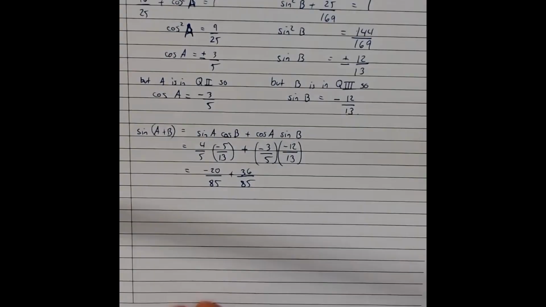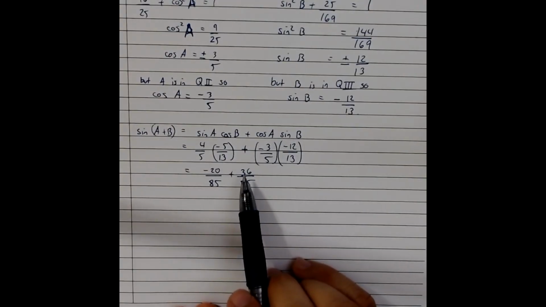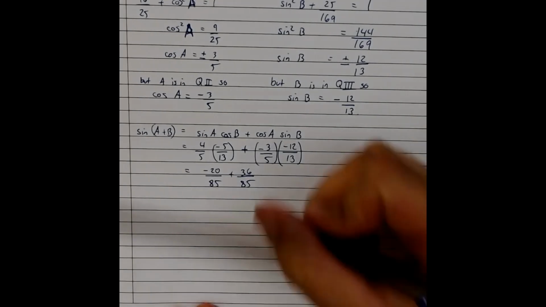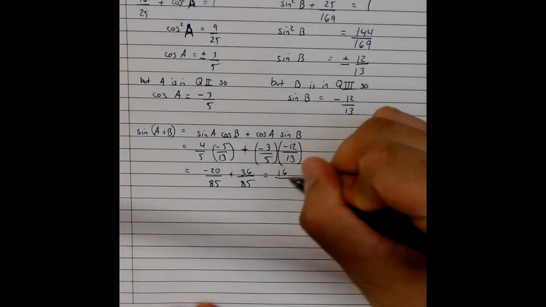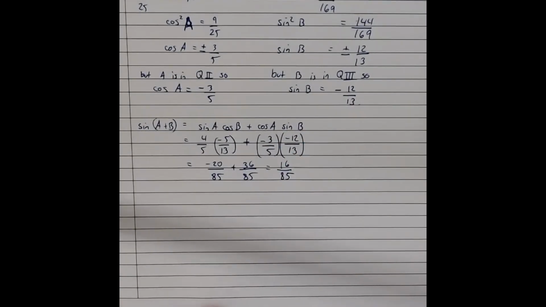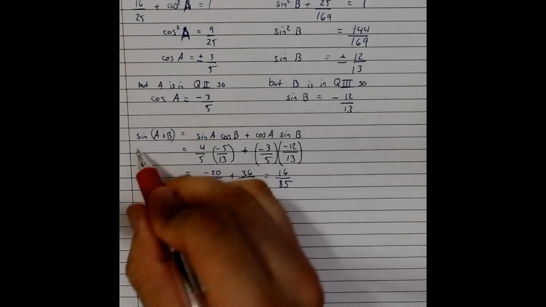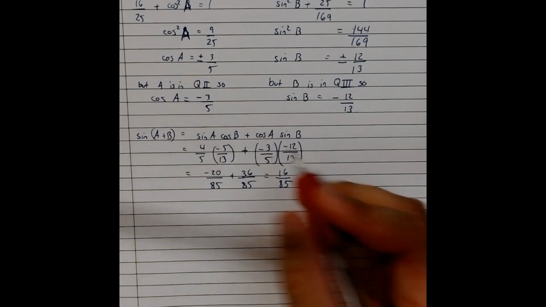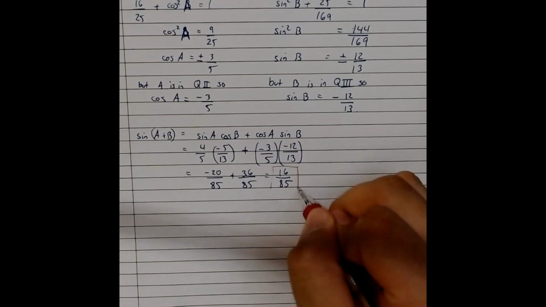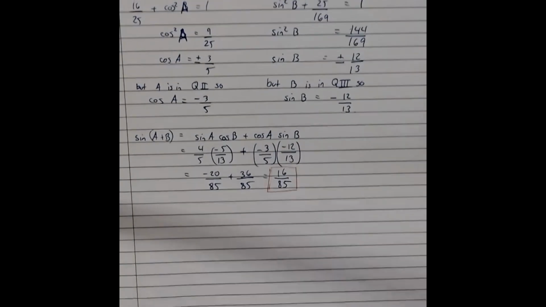Just like that. And now we can subtract those two. All right, that's a negative. So 36 minus 20, that'll give us 16 over our common denominator of 85. And there we go. We have our result. The sine of A plus B is equal to positive 16 over 85.